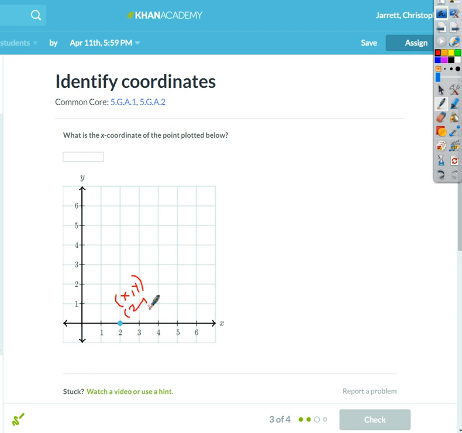So 2, comma, and if I follow it over to the y-axis, I can see that it crosses at 0, because again, 3, 2, 1, 0. This is called the origin. So my y would be 0. So the x is 2 and the y is 0. Since they asked me for the x coordinate, then my x is going to be 2.